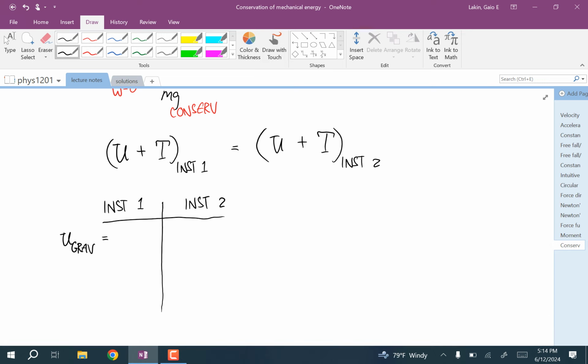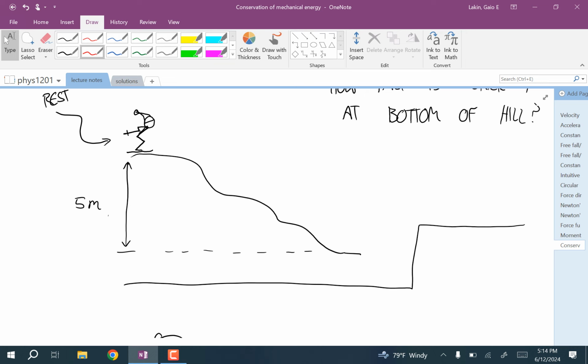Well, the y position always depends on what you choose as your 0 y. I tend to always choose my 0 y to be the lowest location in the problem. So like here, it's going to be at the bottom of the hill. But you could put your y equals 0 anywhere you want, and this will still work out.